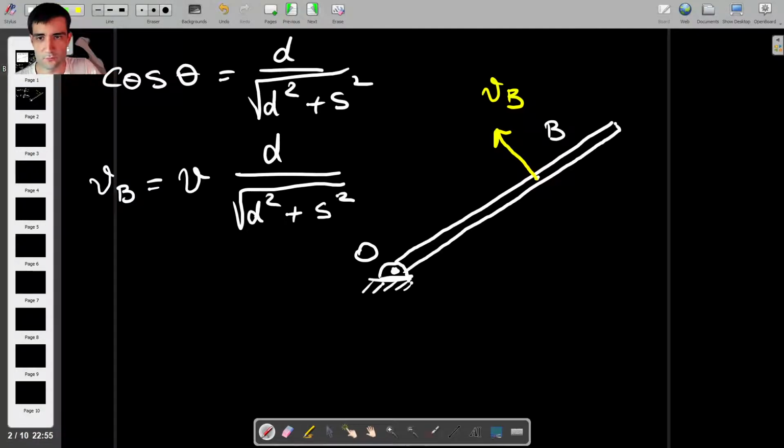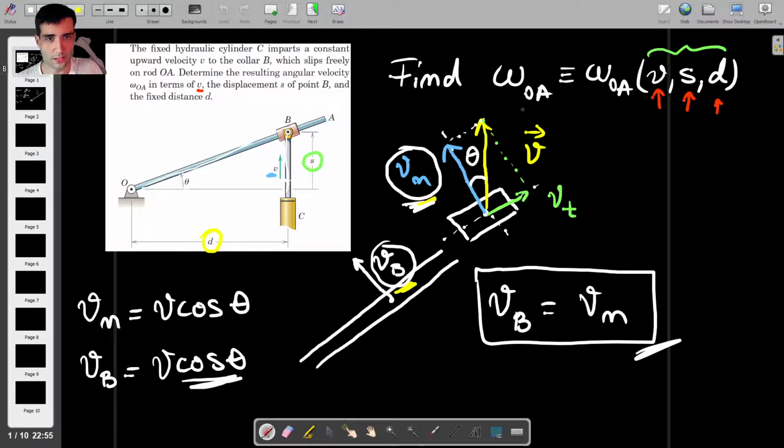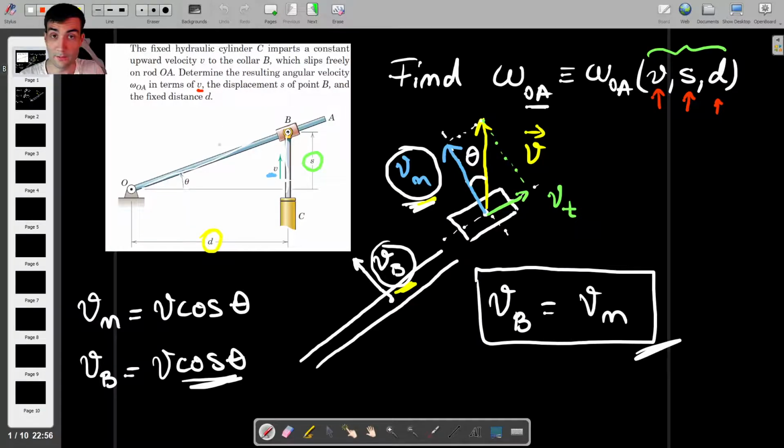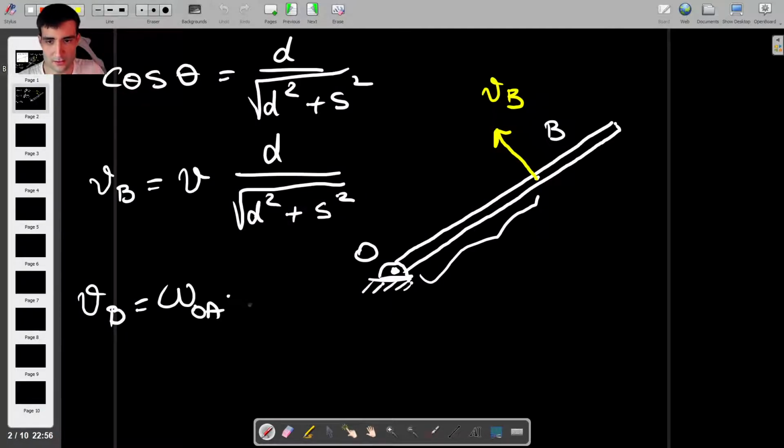So we can therefore say that VB is also equal to omega OA, the angular velocity of the entire bar, multiplied by this distance, which is, of course, our hypotenuse, the square root of d squared plus s squared.